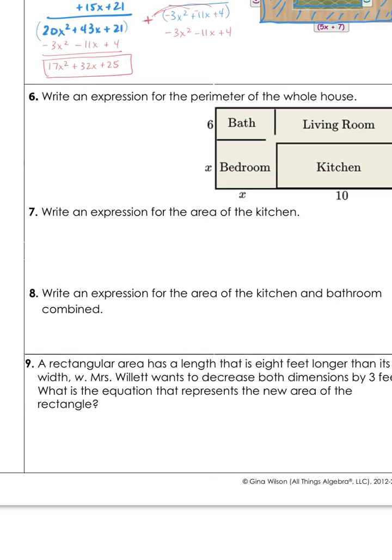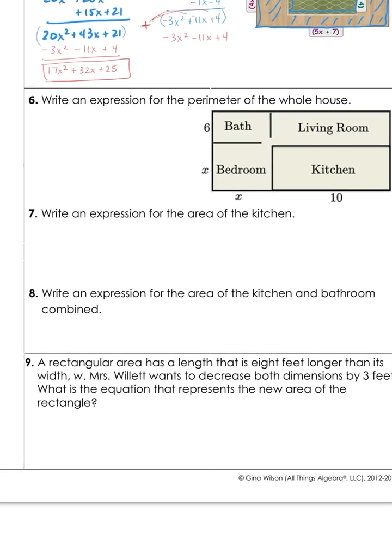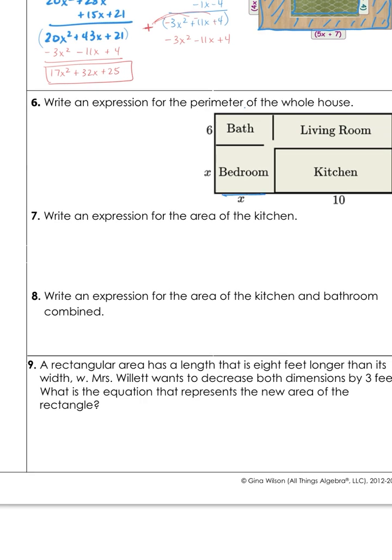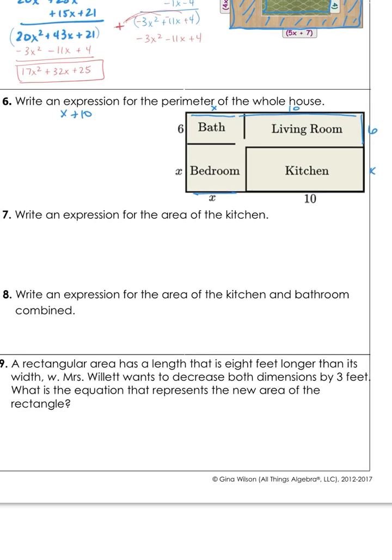All right, write an expression for the perimeter of the whole house. So I know that if this is x down here, this has to be x up here. And if this is 10, then this has to also be 10. And then straight across 6 and x. So the whole perimeter of the whole thing, I'm going to do x plus 10, plus 6, plus 6, and then plus x.